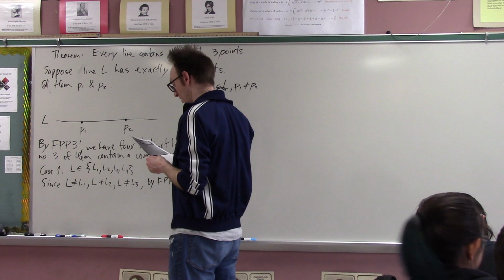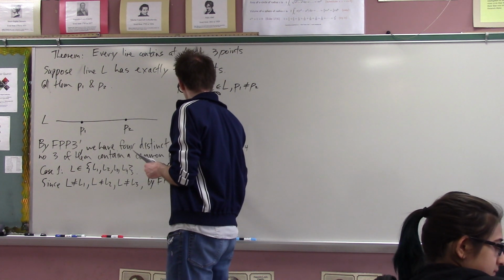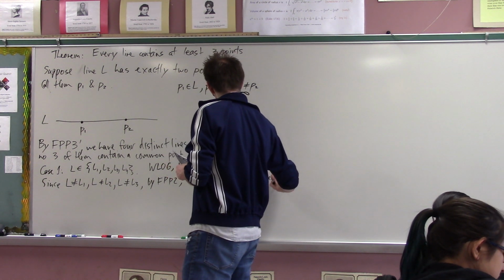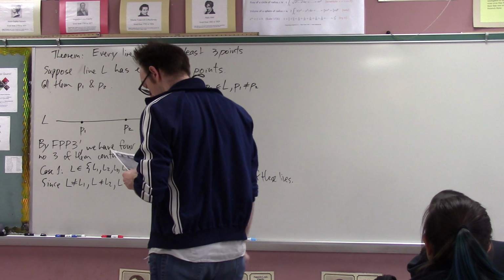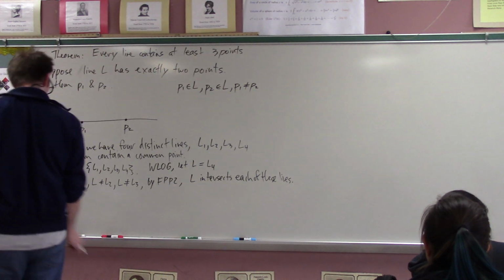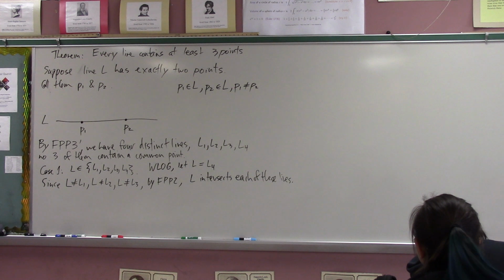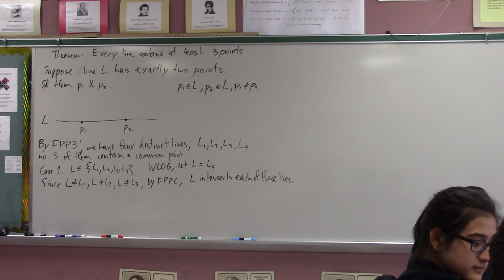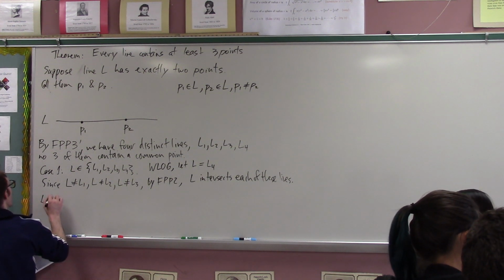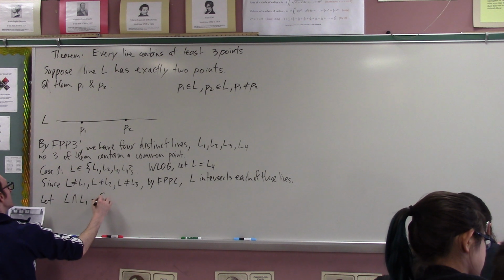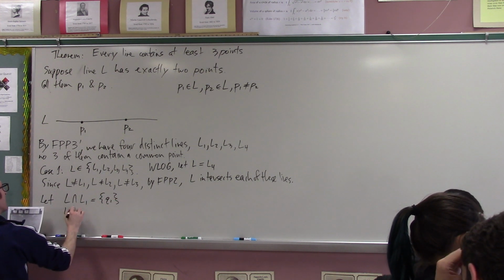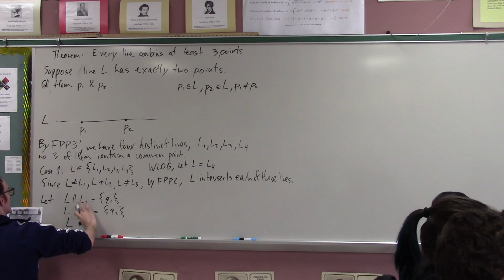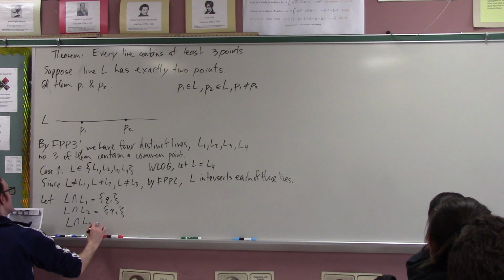So by FPP2, L intersects each of these lines. In other words, there are points of intersection between L and L1, L2, L3. I will name those points respectively Q1, Q2, and Q3. In other words, let L intersect L1 be called Q1, let L intersect L2 be called Q2, and let L intersect L3 be called Q3.